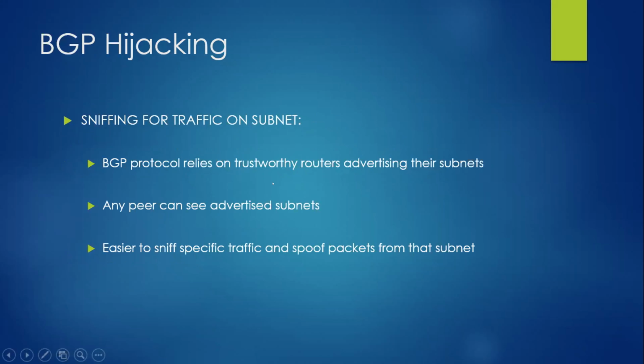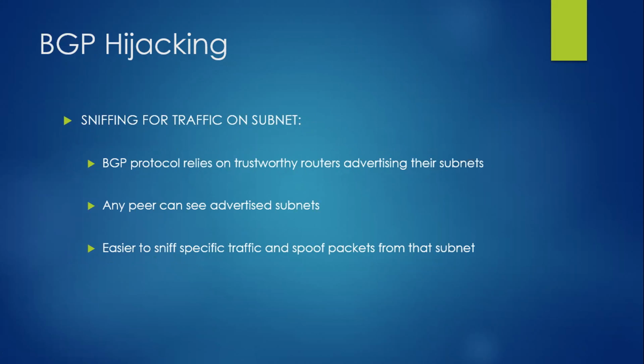So basically what is happening is they are hijacking the BGP protocol. So they're going to sniff for the traffic that is on that subnet. So BGP relies on each of the routers advertising what subnets they're responsible for and what prefixes they accept packets for.